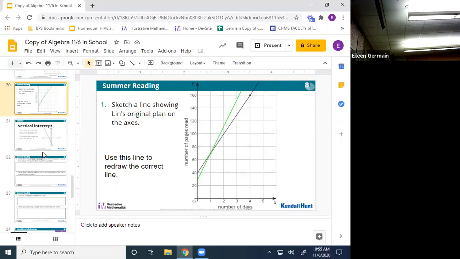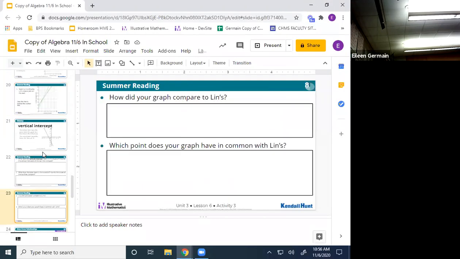They also have this point in common. They both meet at 1, 70. Okay, so that's how they're similar. They're different because they have different slopes and different y-intercepts, or vertical intercepts. Good.